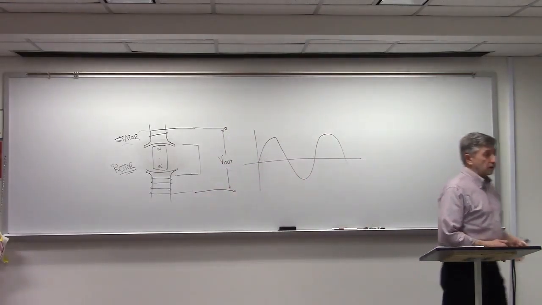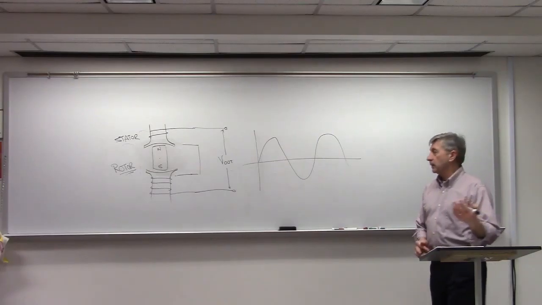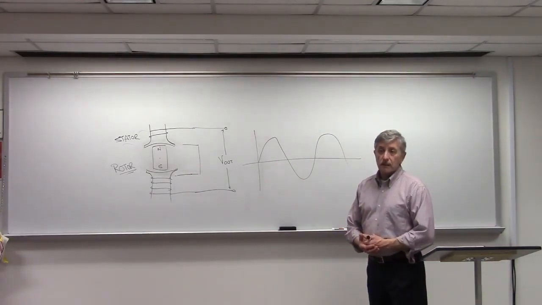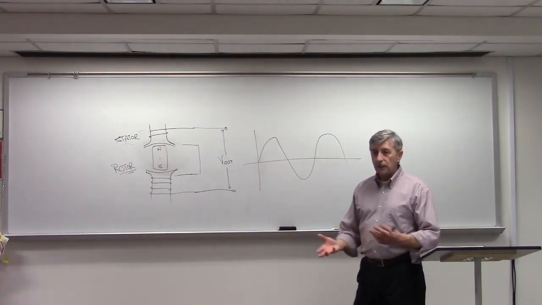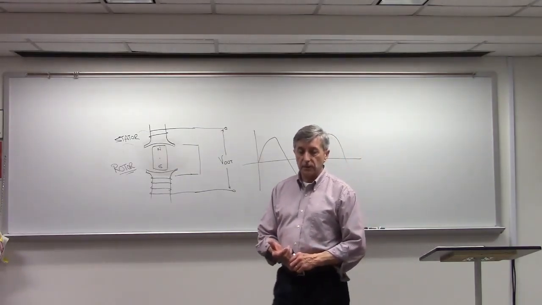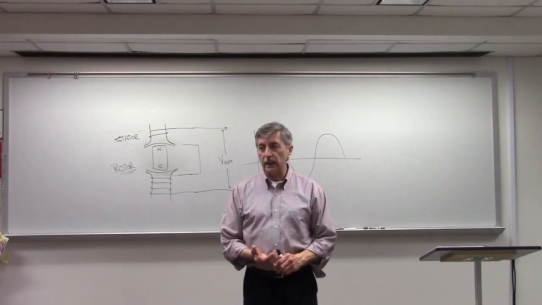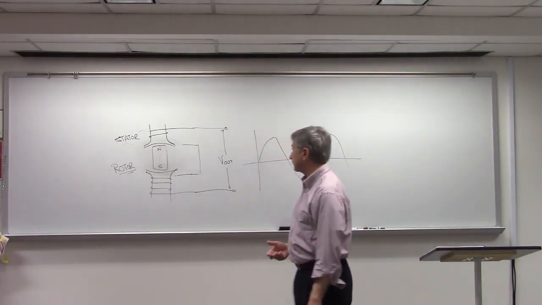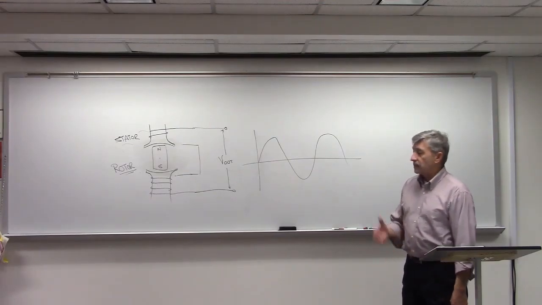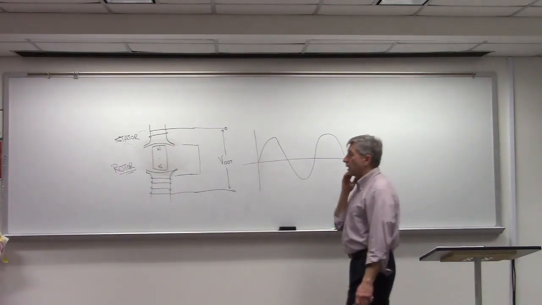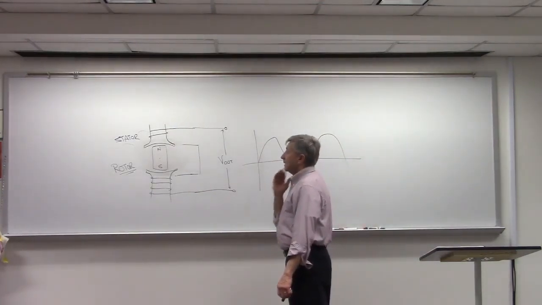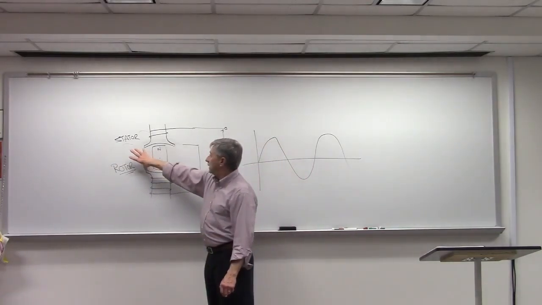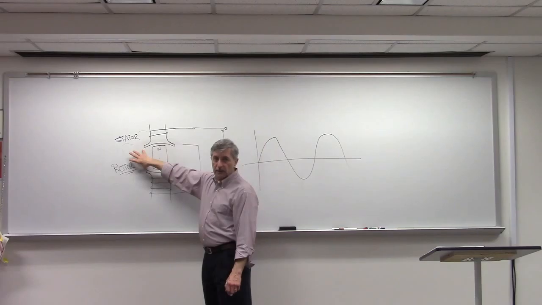And that, in a nutshell, is why you have alternating current represented as a sine wave and not a square wave and not a triangular wave or a step function or whatever. Quite naturally, it's an offshoot of how power is generated. As a matter of fact, in the chapter they talk about polyphase power. I'm not really going to dwell on that, but you can see that right in here, there's a lot of empty space.